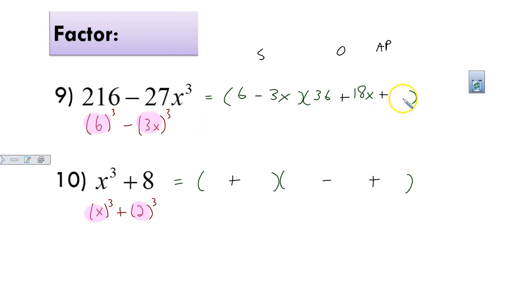Then I'm going to square 3x squared, which is 9x squared. For number 10, I've got x plus 2, x and 2, x squared minus 2 times x plus 2 squared, which is 4.